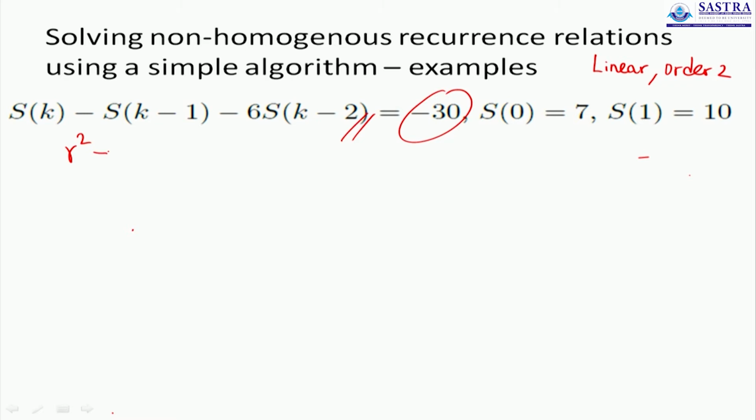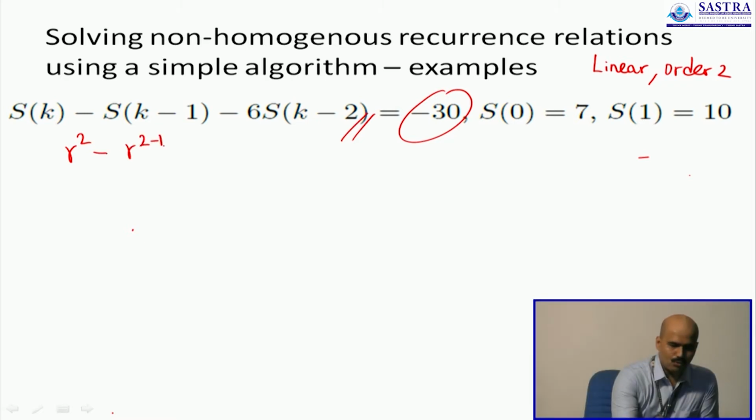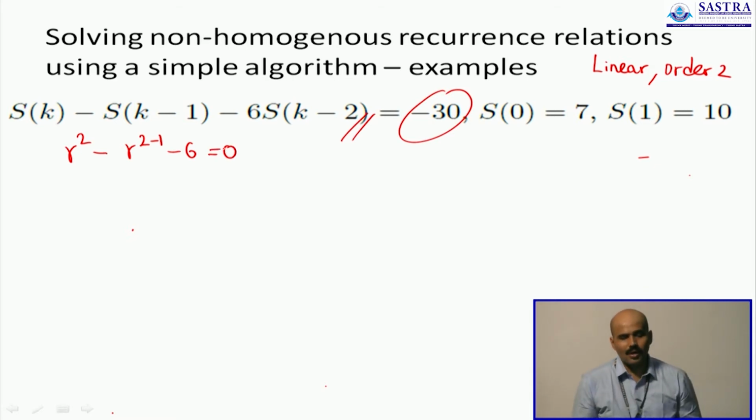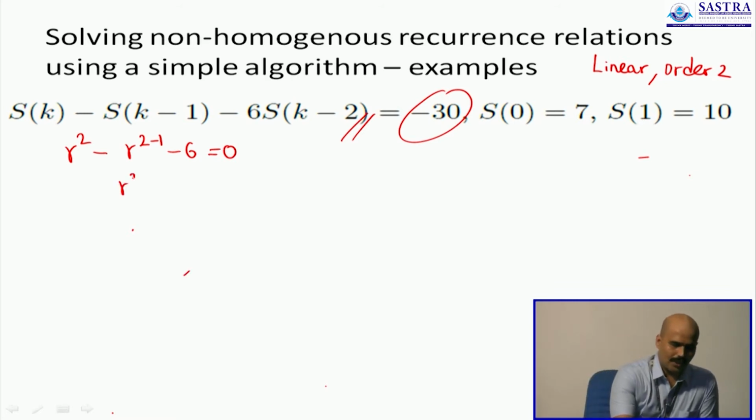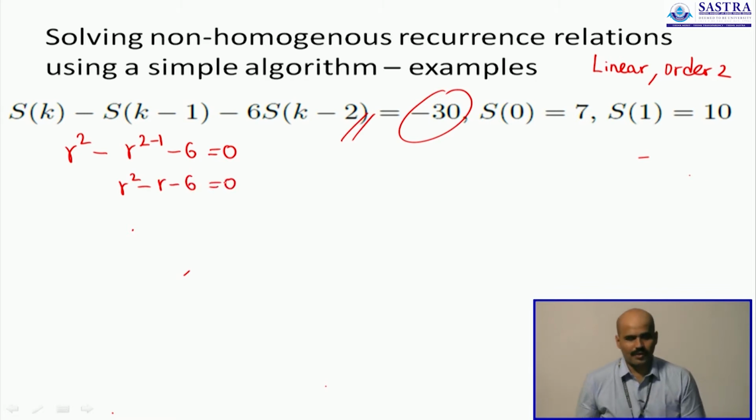So, r squared minus r to the power of 2 minus 1 minus 6 is 0. Remember, whatever be the function on the right, to solve the characteristic equation you will treat it as a homogeneous RR. Even though we have 30, we have actually taken only 0 here. So, r squared minus r minus 6 is 0, that is what we have.